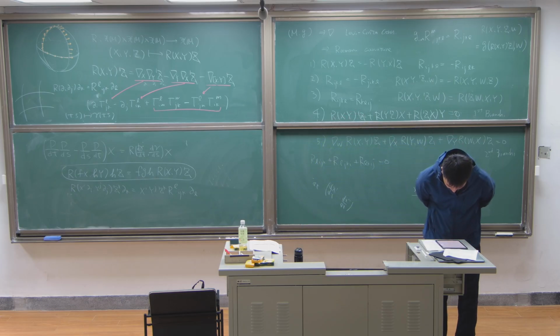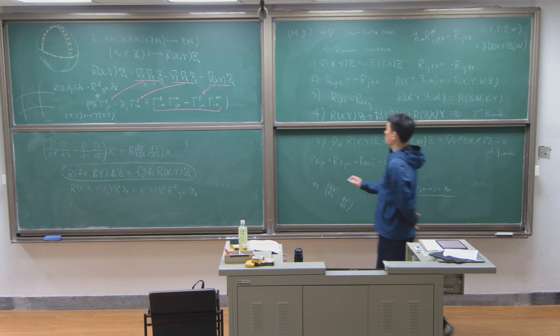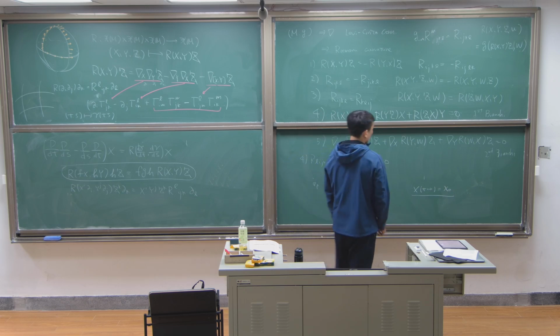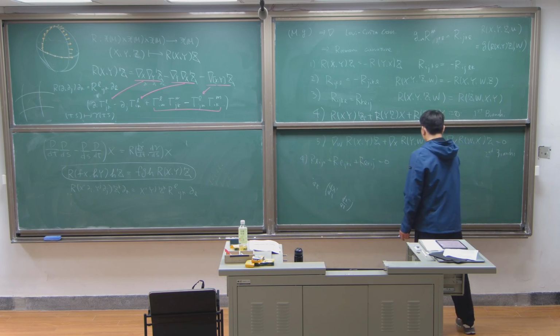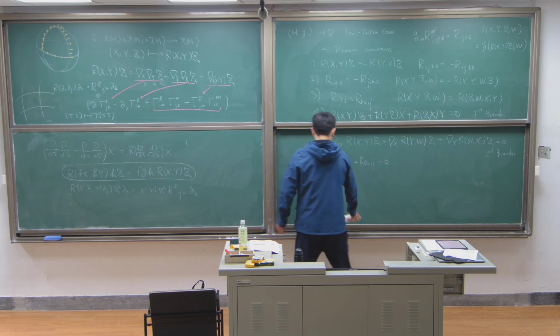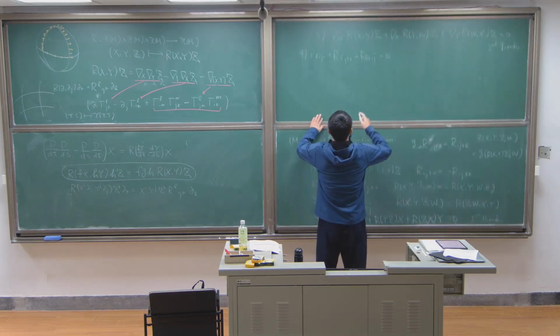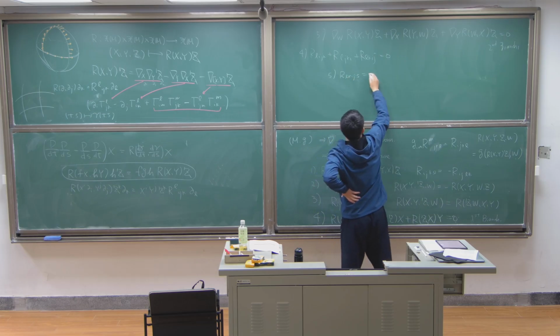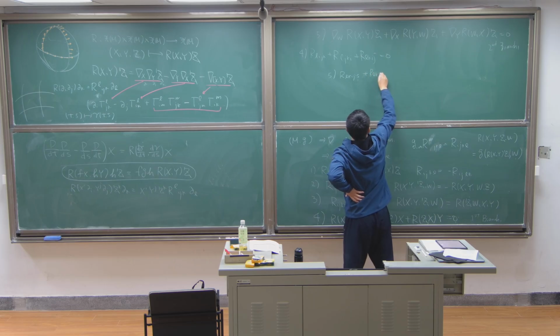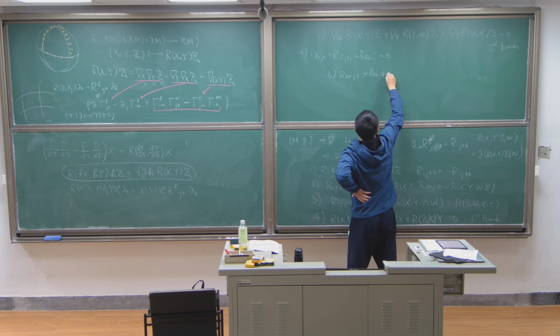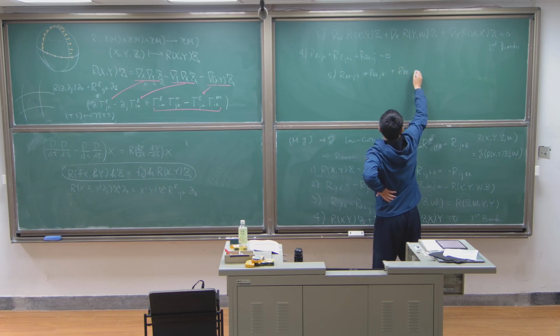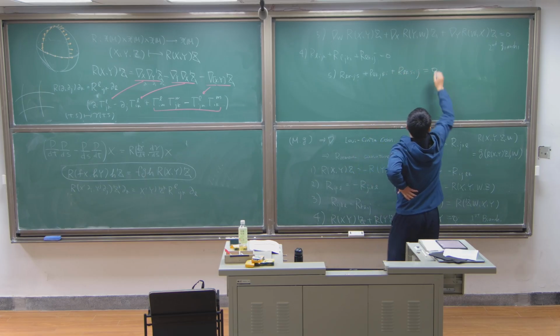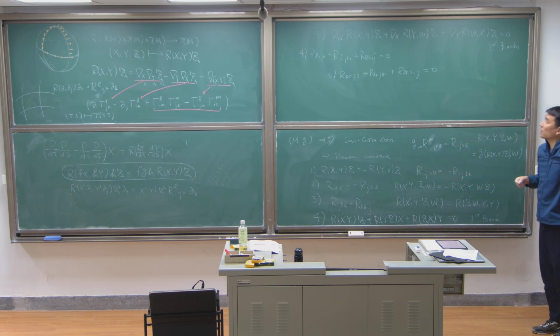And then number 5: R L K I J;S, this is the covariant derivative, plus R L K J S;I plus R L K S I J equal to zero. So that's the second Bianchi identity in local coordinates.